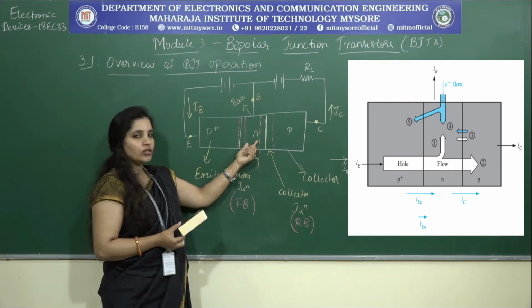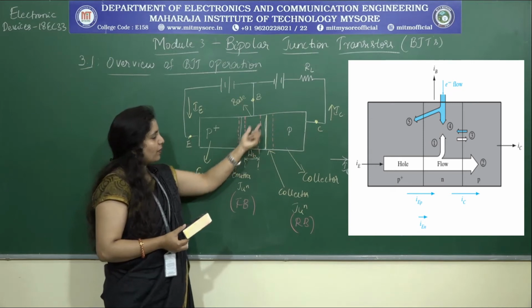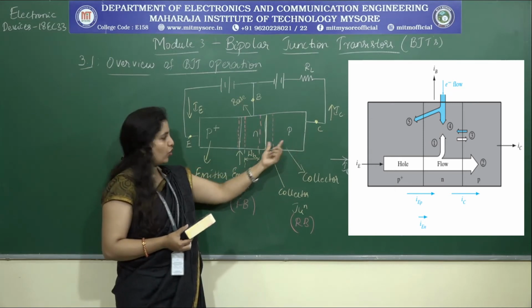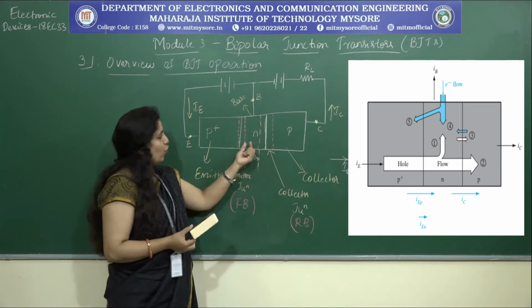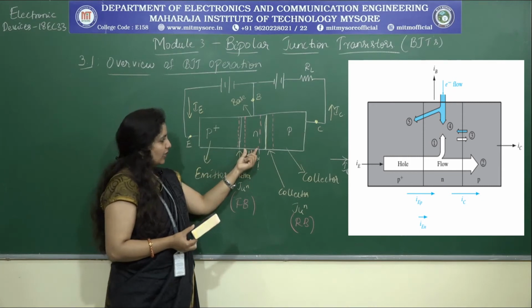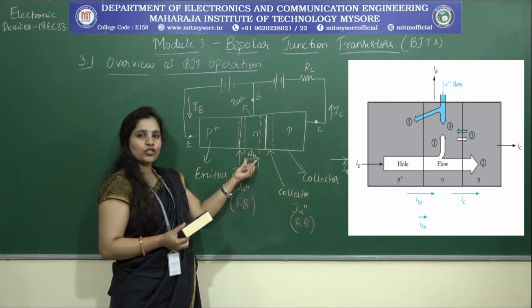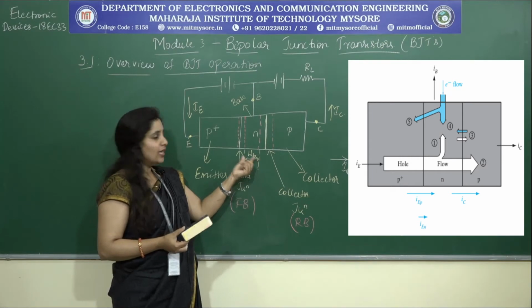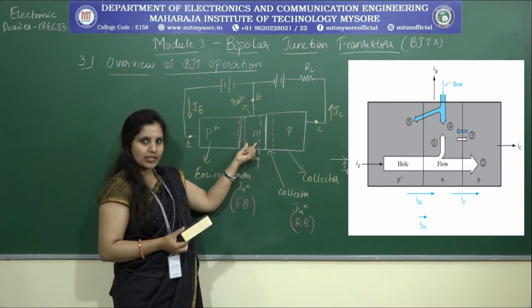Of all the holes injected into the N-type, the majority move into the P-type because of the reverse biased collector junction that I have, and a few of them will undergo recombination. However, I try to make this width small. I try to maintain that condition. What is that? W_PB should be less than the diffusion length of the holes. Still there is a certain amount of recombination that takes place.